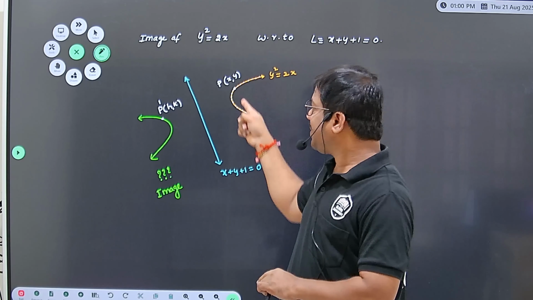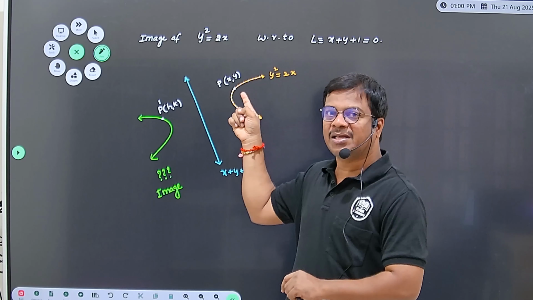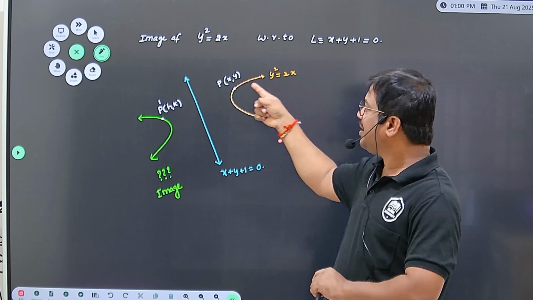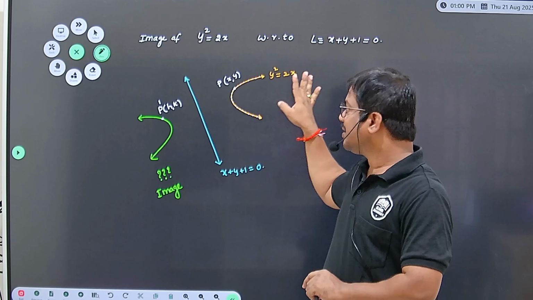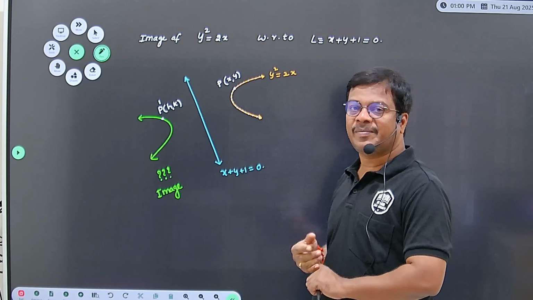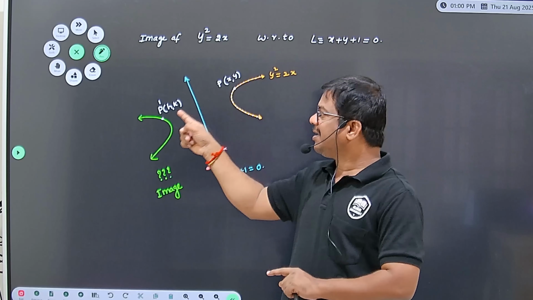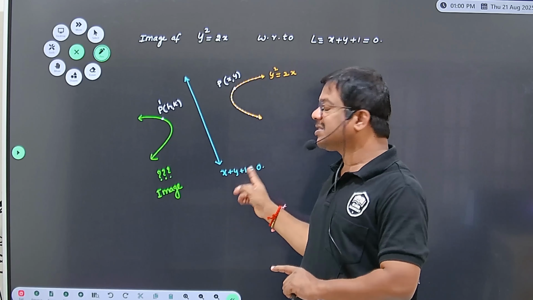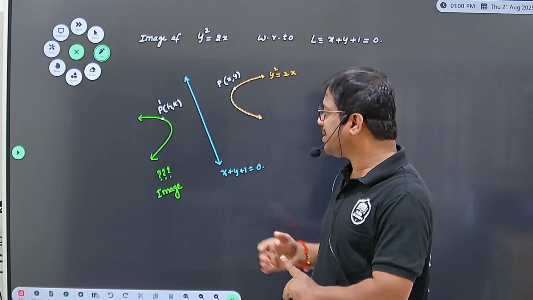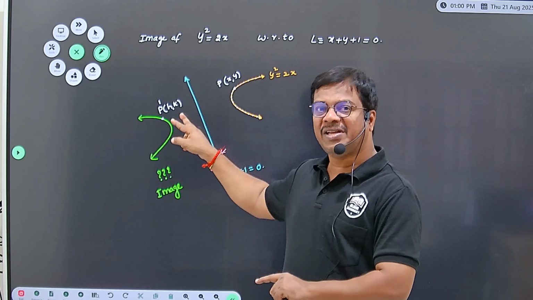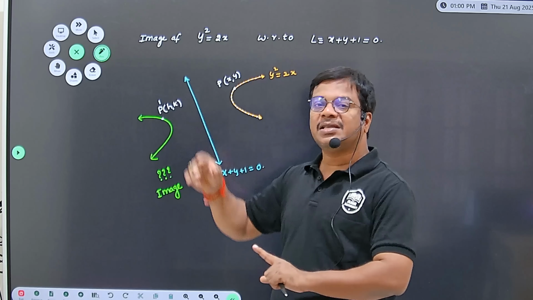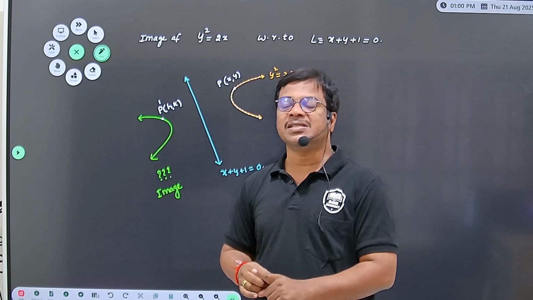Here if P(x, y) is a general point on the curve, then the relation between these two coordinates is y square equal to x. This is the equation of the given curve. Just find the image of P with reference to the given line x plus y plus 1 equals 0, and after that if you write the relation between h comma k, that is the equation of the image curve.